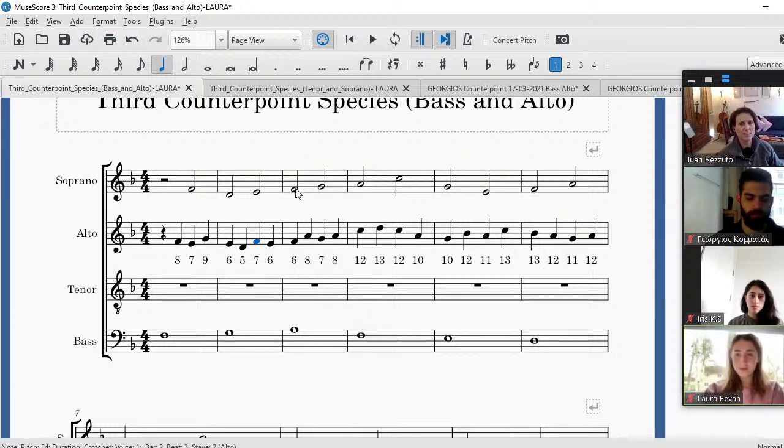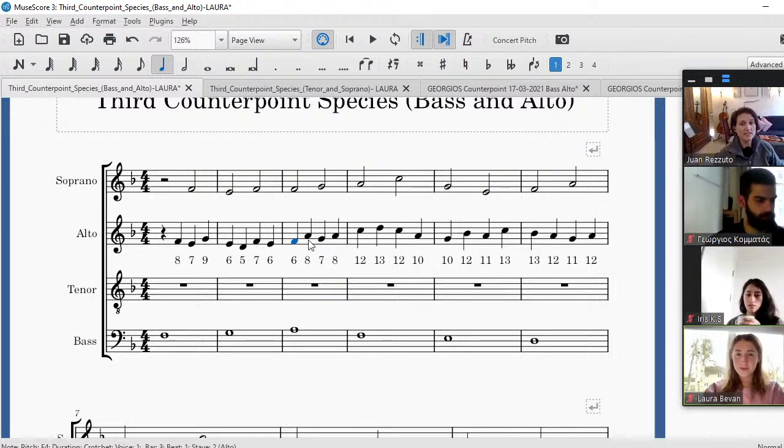And then you will find yourself repeating the same notes. Let's say that you have E and F, E, F, and this is the same note. E, F, F. You will do this in a second species. Do you see the point?